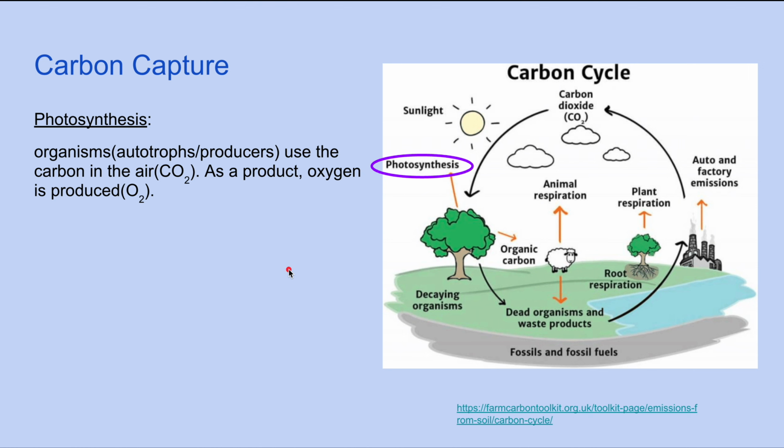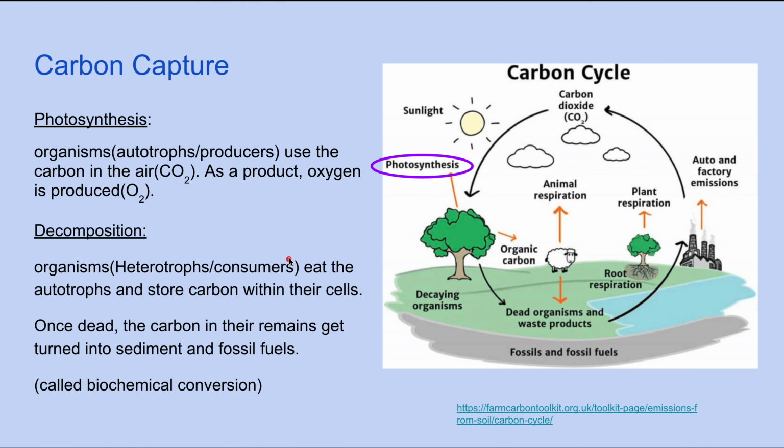And the second part of the carbon cycle is decomposition. It's whenever the oxygen from the photosynthesis is used by other organisms in the ecosystem, such as, as we see here, a lamb, maybe even a squirrel. They use the oxygen from photosynthesis, and as a result, they store carbon in their bones and stuff like that. As I said before, carbon is in everything that's living. So, once these trees die, once this lamb dies, there's still carbon in their cells.